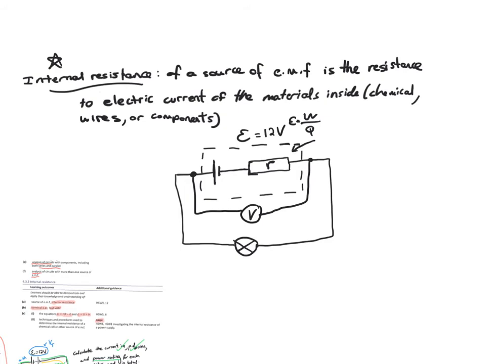So when you do draw the diagram, you need to include this dashed box around the cell and the internal resistance, to show that this includes internal resistance, with a small r.